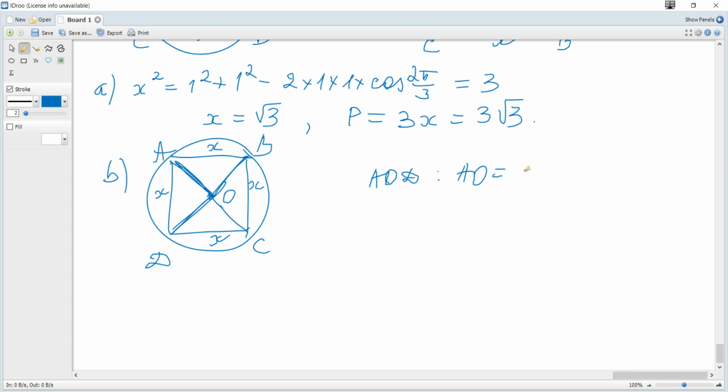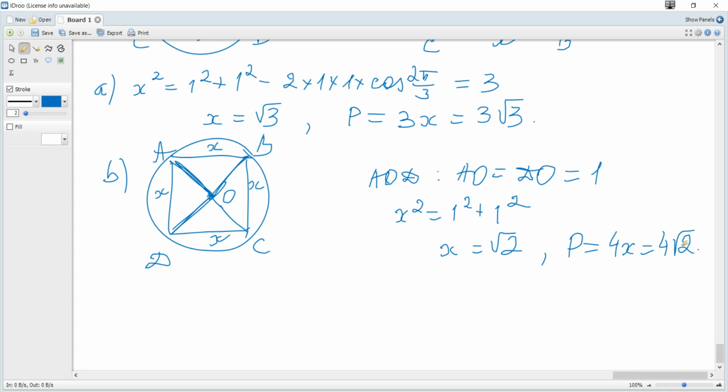AO is a radius and DO is also a radius, so AO and DO are 1, and applying the Pythagoras theorem, x squared is 1 squared plus 1 squared, so x is root 2, so the perimeter is 4x, so it's 4 root 2 units.